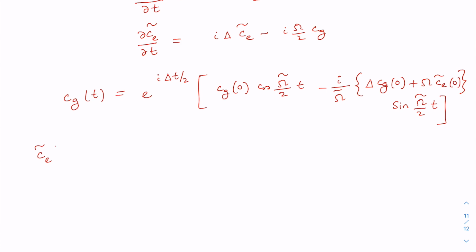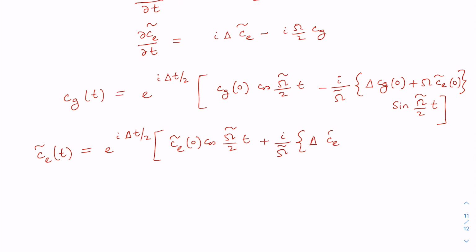And C̃_e would be equal to e^(iΔt/2) [C̃_e(0) cos(Ω̃t/2) + (i/Ω̃)(ΔC̃_e(0) - ΩC_g(0)) sin(Ω̃t/2)].